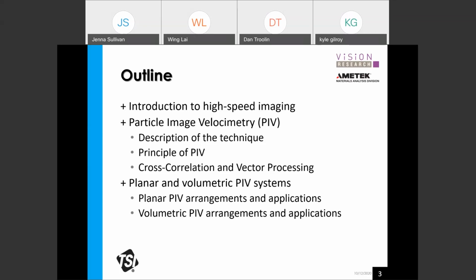He'll give us a description of the technique, the principle, how that works, talking about the processing, vector processing, and then branching out a bit and going into some of the more advanced PIV techniques, such as stereo PIV and volumetric PIV, some of the basics of how those are operated, and then going through a few application examples as well. So at this time, I would like to go ahead and hand it over to Kyle.